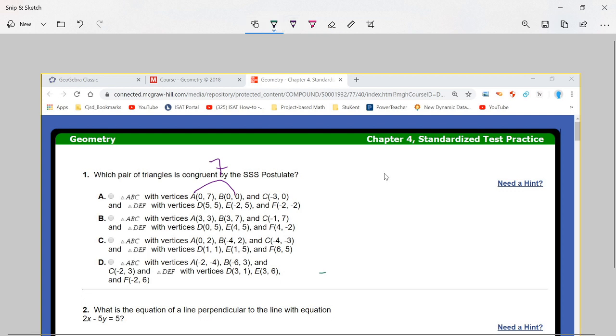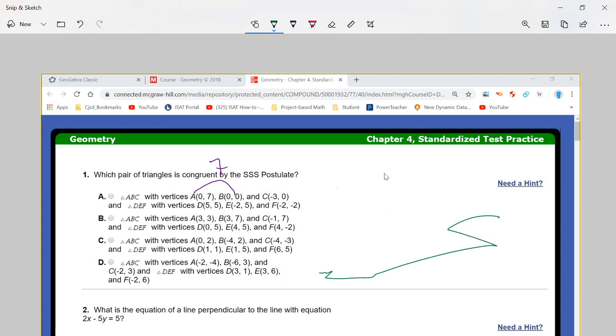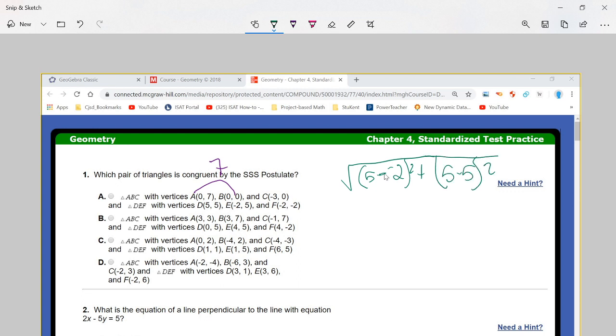Okay, so I'm looking at DE, right? So, oh boy, let my fingers drag across the screen. Here we go. So I'm going to go with the square root of 5 minus negative 2, 5 minus a negative 2 squared, plus 5 minus 5 squared. Do you see why I could just look at it and know?